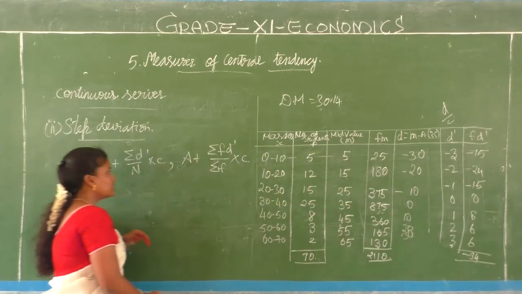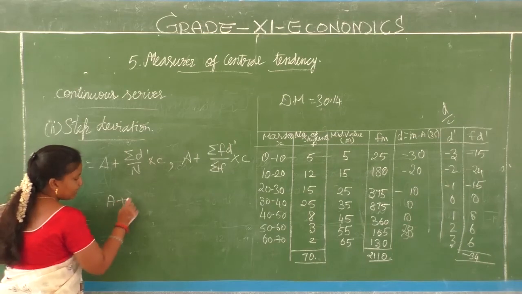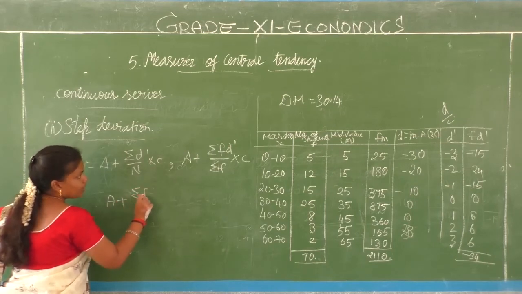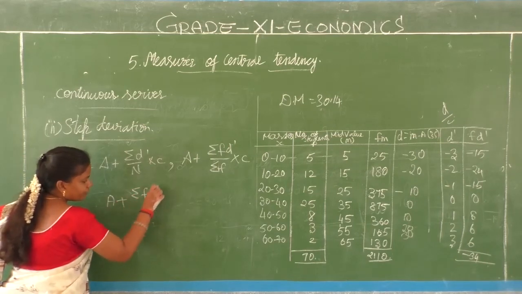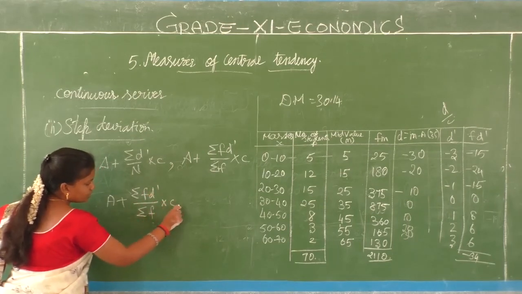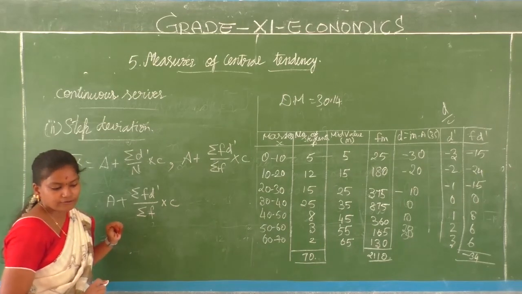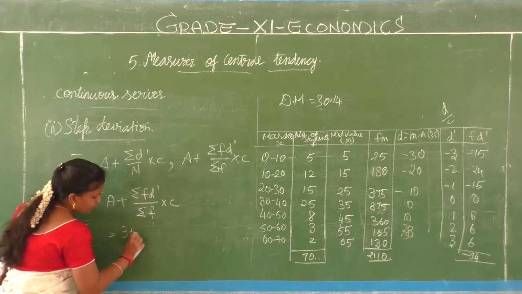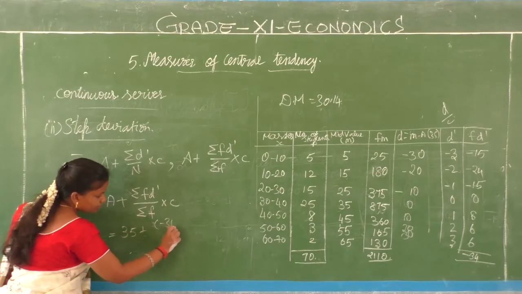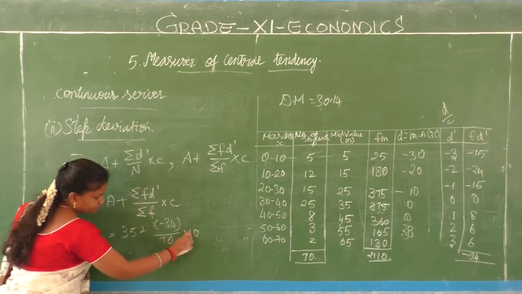So applying it in the formula, which is a plus sigma f d dash by sigma f into c. What is your a? What is the a value that you have chosen, children? 35 plus minus 34 divided by 70 into 10.